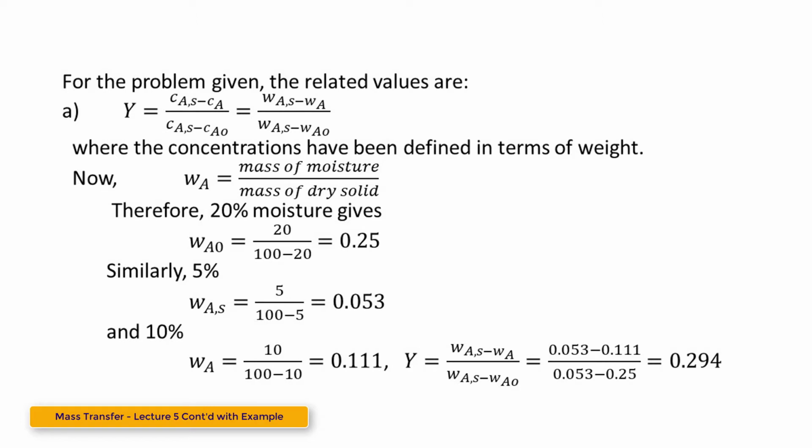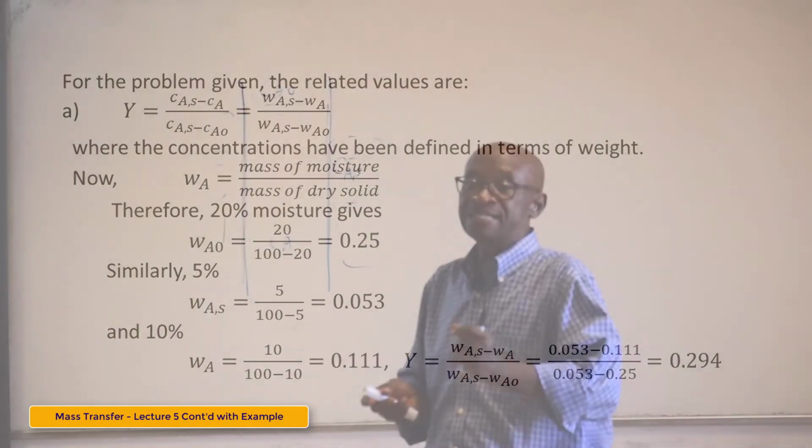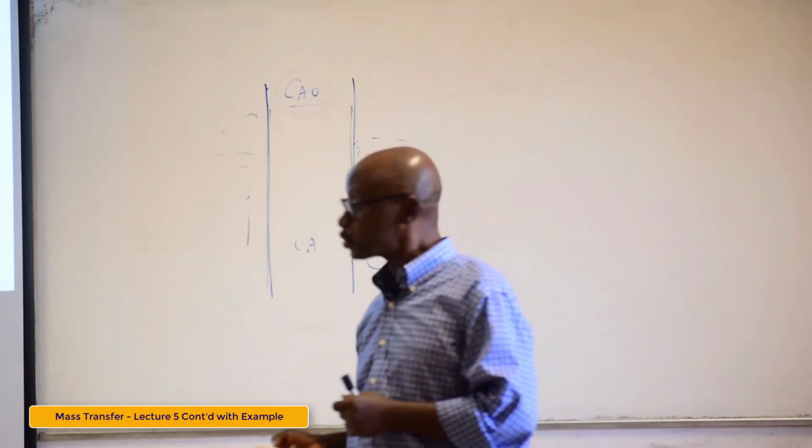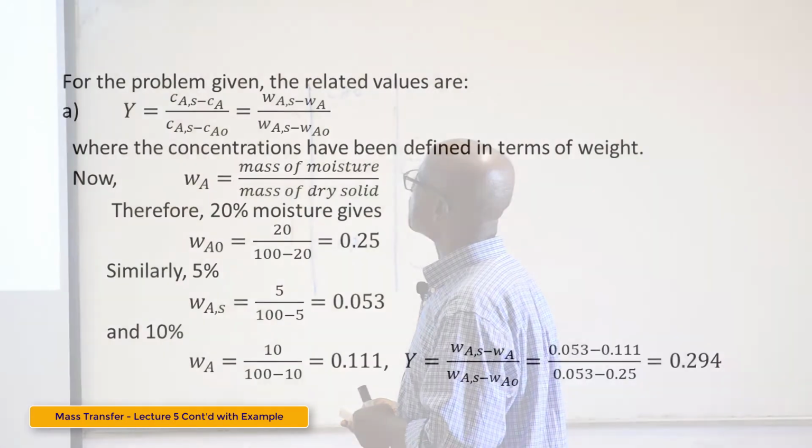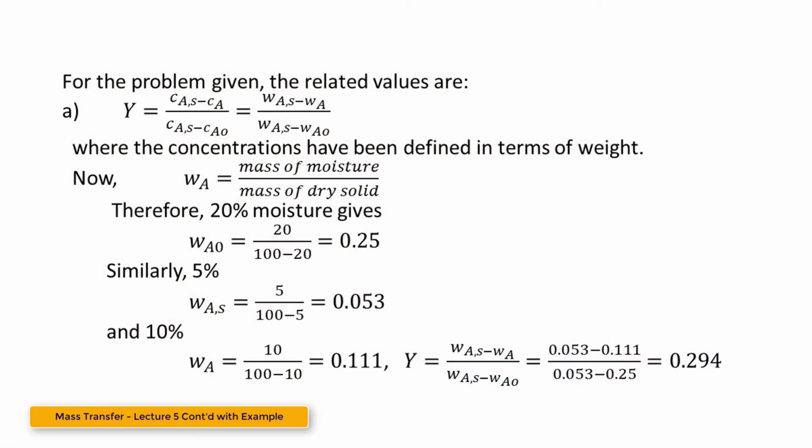Okay. All right. Now, for the problem, the relative values are Y, because Y is the unaccomplished concentration change. But I said, for these kinds of problems, normally drying, you express in terms of the amount of moisture per bone dry solid. And that's how humidity charts are also expressed. So we like to express the concentration in terms of the weight percentage instead of concentration of the fluxant. And this is what we do.